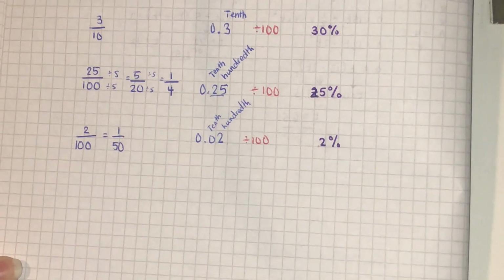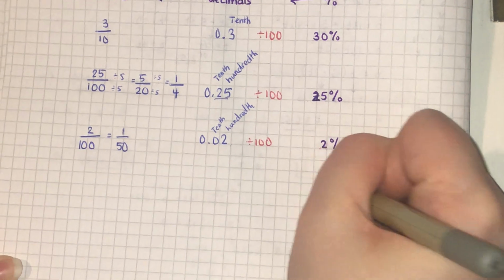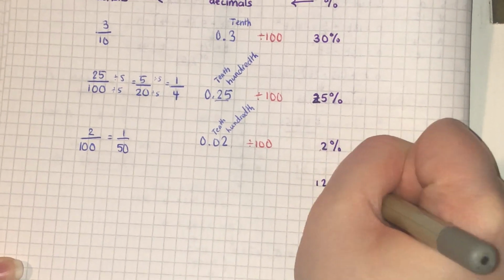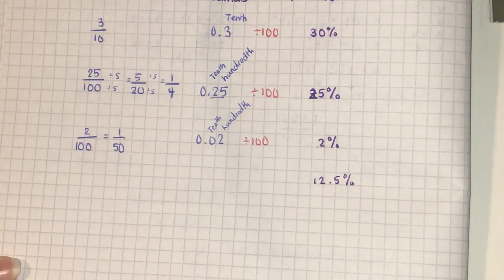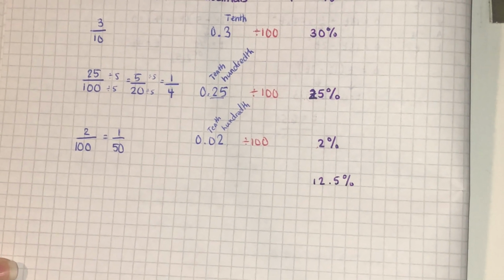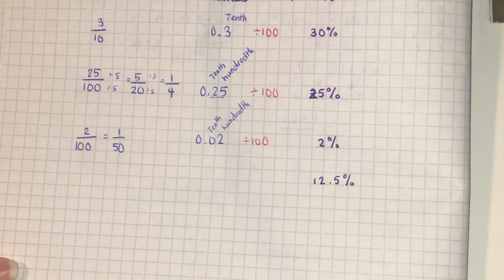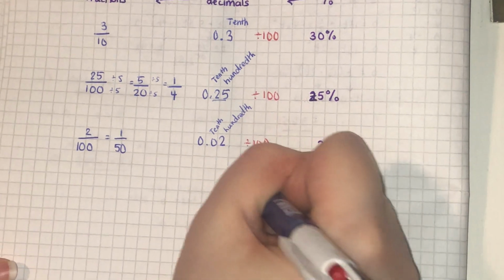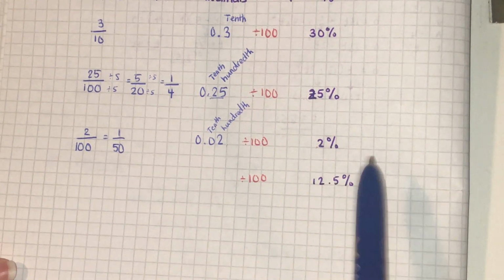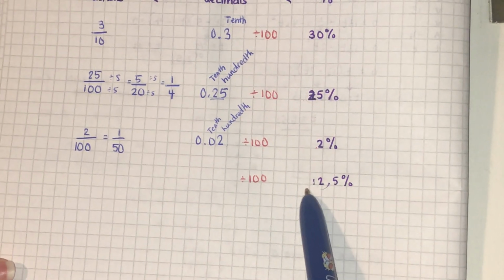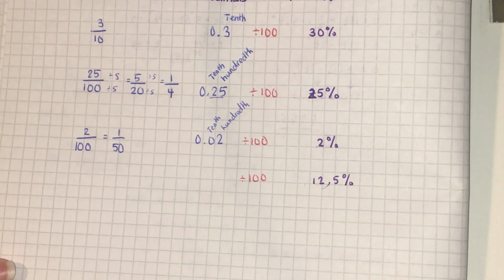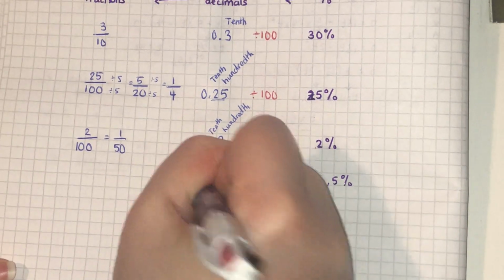Okay, I'm just going to do one more. Let's go for 12.5. So first thing, to make it into a decimal, we divide by 100. So 1, 2, so it's going to be 0.125.